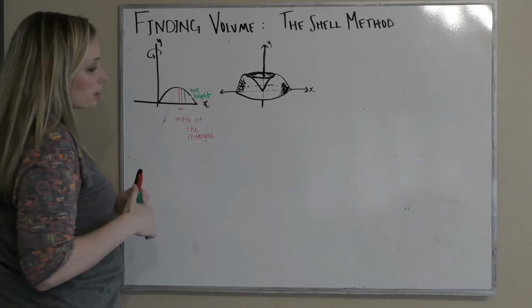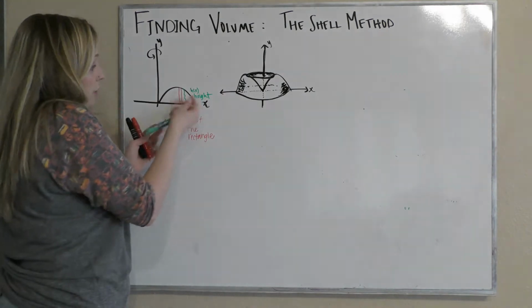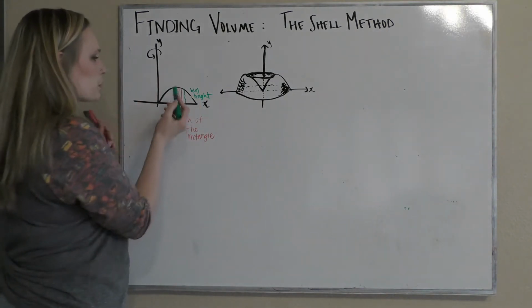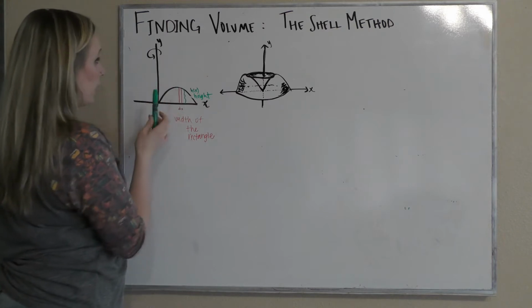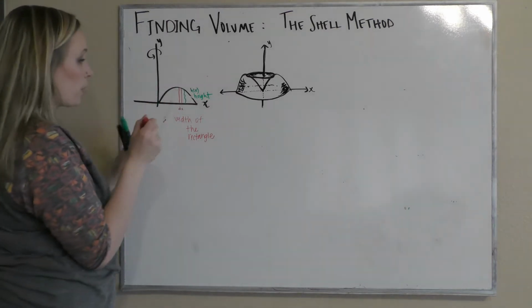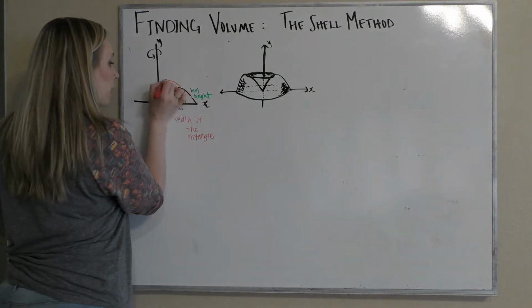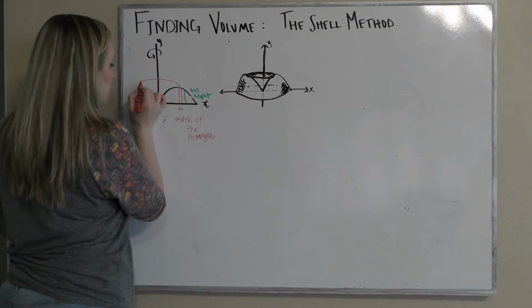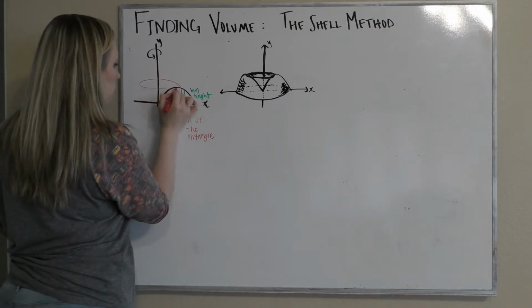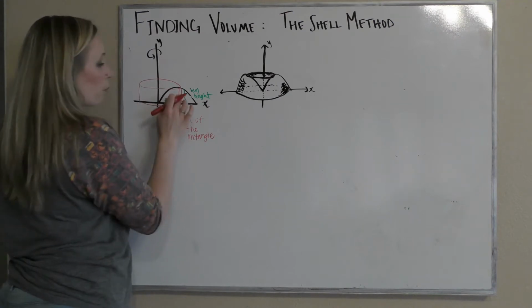Now the last thing that you need when we're trying to find the volume of this is, well, that's the area of that rectangle. But what we're doing is taking that rectangle and rotating it around the y-axis. That rectangle gets rotated all the way around and it makes a perfect cylinder with this width.